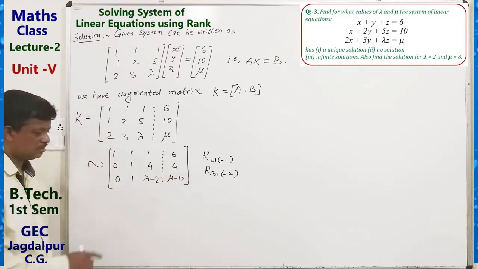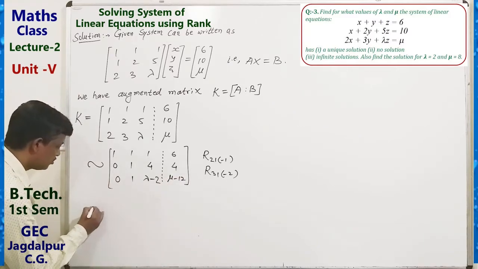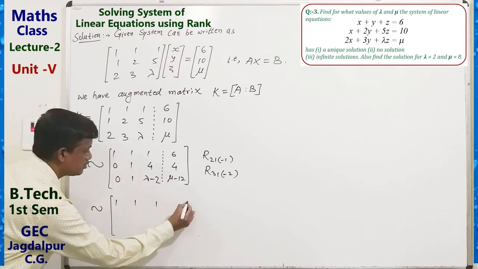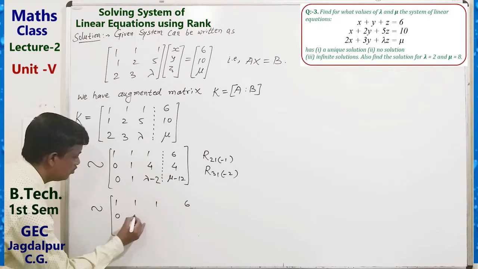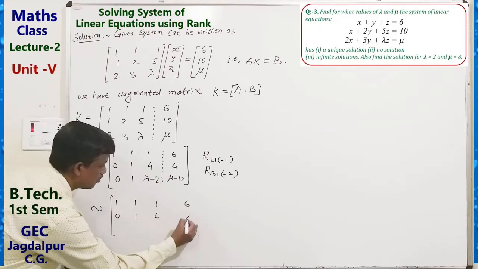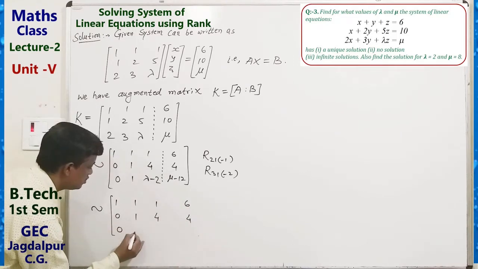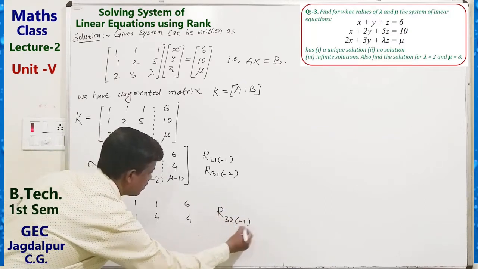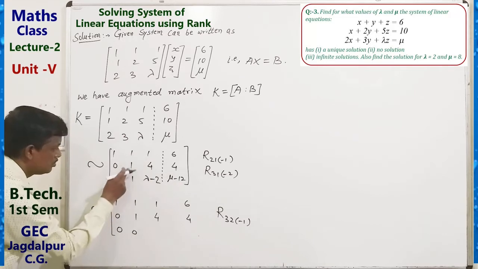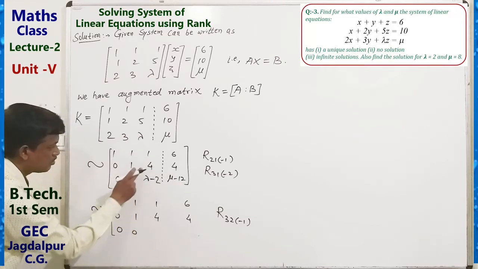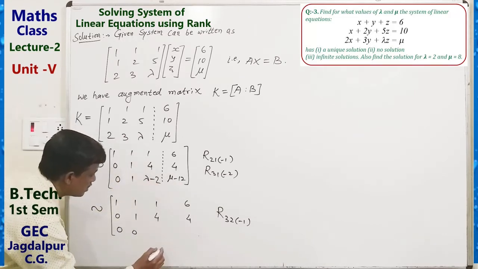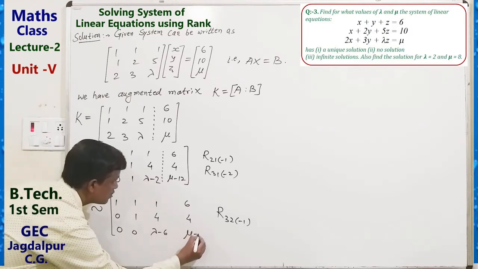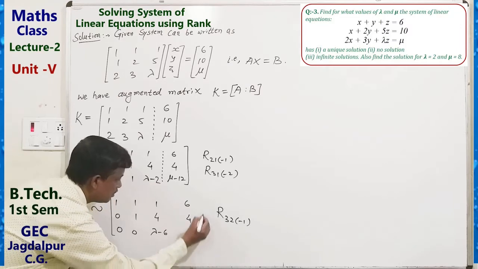And once again make it 0. So equivalent to the system 1 1 1 6, 0 1 4 4, 0 0, that is operation R3 minus R2. So this is 0, this is 0, then lambda minus 6 and mu minus 16.